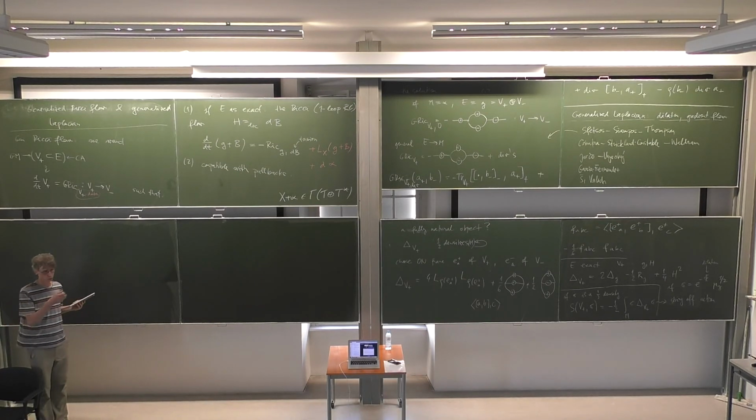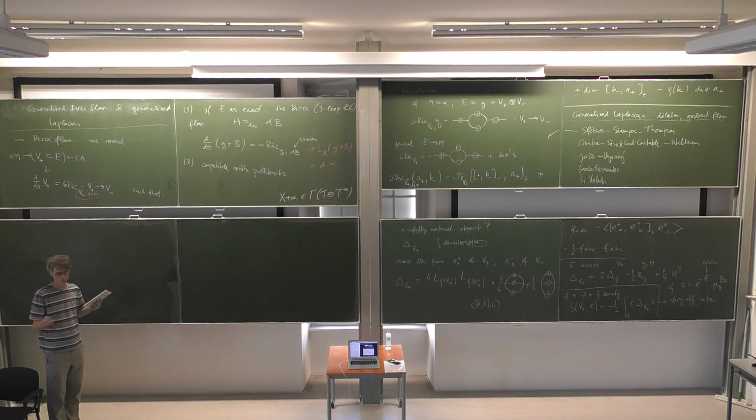Okay, so to finish all this story, the talk should finish soon. So let me just say how it relates to this generalized Ricci flow and how it relates to some more stringy stuff, as one should expect from such a thing.